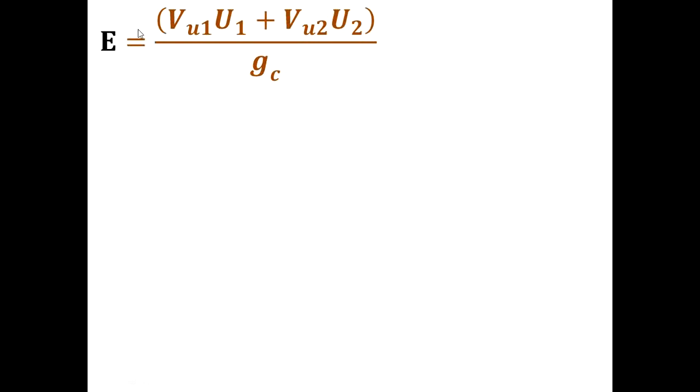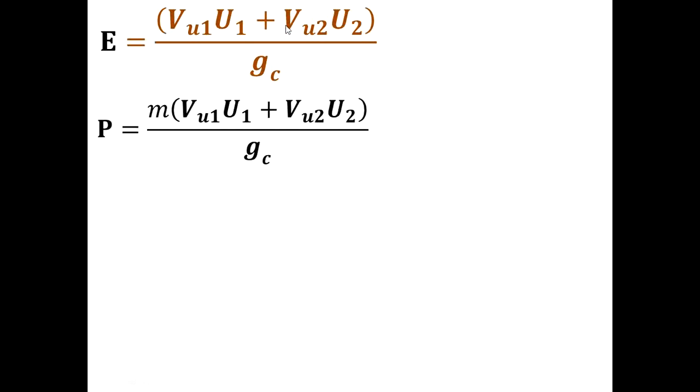Energy developed in the turbine is vu1 u1 plus vu2 u2 divided by gc. Sir, why plus? Because the tangential speeds at inlet and exit are in opposite directions; minus of minus will be plus. But u1 is equal to u2 is equal to u. I already told you in the beginning that the blade speed is the same.